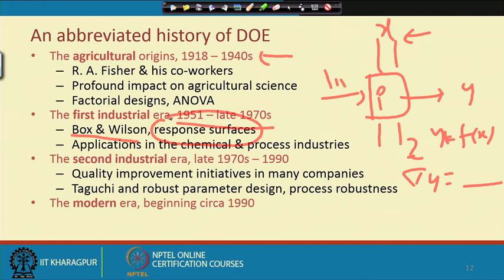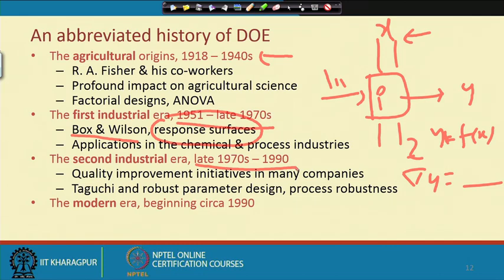Then came the quality engineering era, which is primarily because of Taguchi, with the quality improvement initiative, Taguchi's robust parameter design, and the concept of process robustness from product robustness.